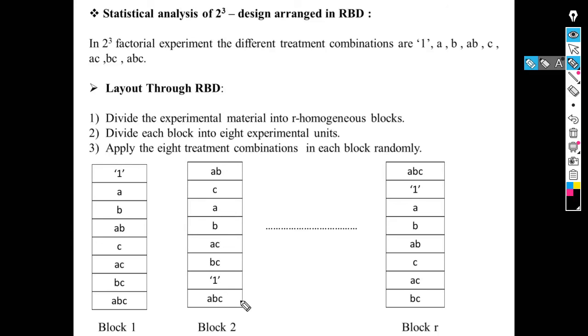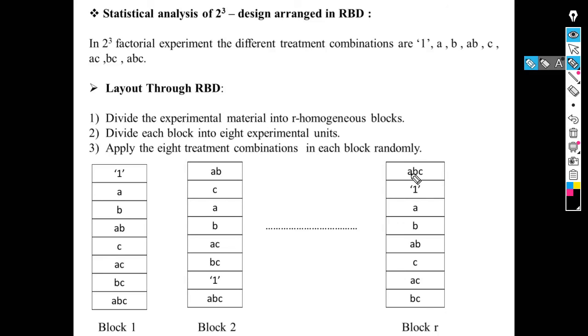Remember one thing: here we use randomization, so every time we get a different combination of treatments in that particular block. Here I assigned treatments like this, but if you assign the treatments in a different way, you get different designs. Similarly, this is our R-th block, and in this block also we assign 8 treatment combinations randomly.